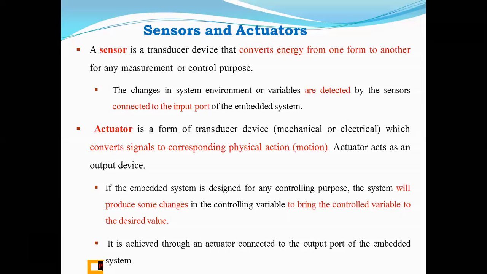If the temperature is high, suppose it is 30 inside the room, and you want to keep it at 15, then first the sensor will sense the room temperature, right? The sensor takes the physical parameter and converts it into an electrical signal. So the data is taken, the surrounding room temperature, then it is given to the actuator. Actuator is nothing but, again, a transducer. Basically they convert one type of signal into another.